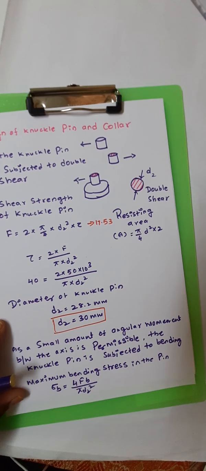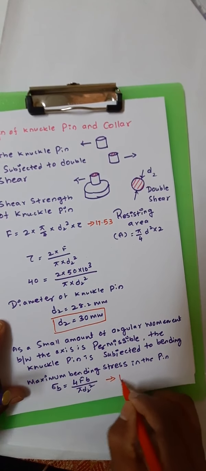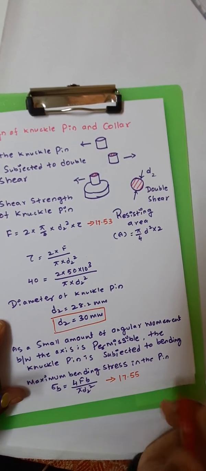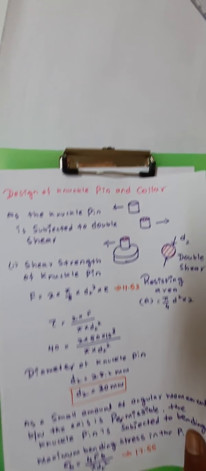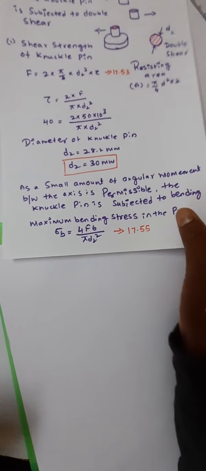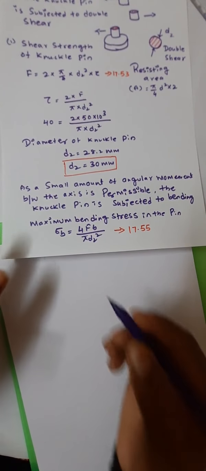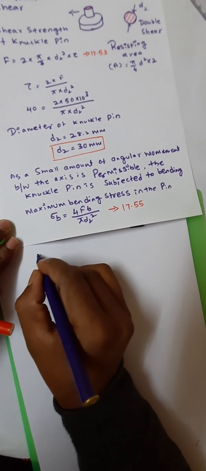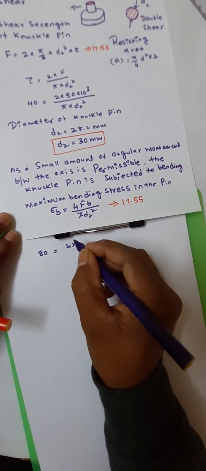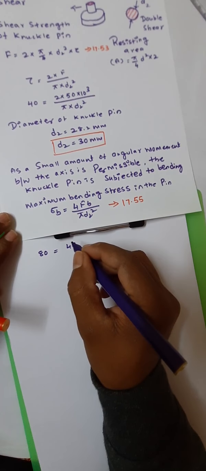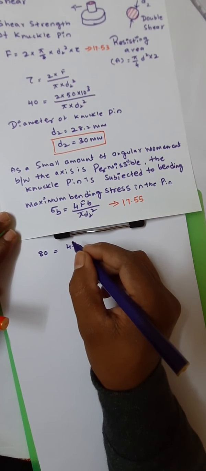This is the equation available in the design data handbook, equation number 17.55. We already discussed this in the design procedure. If we substitute all the values, we know that sigma b is 80, and 4 into 50.